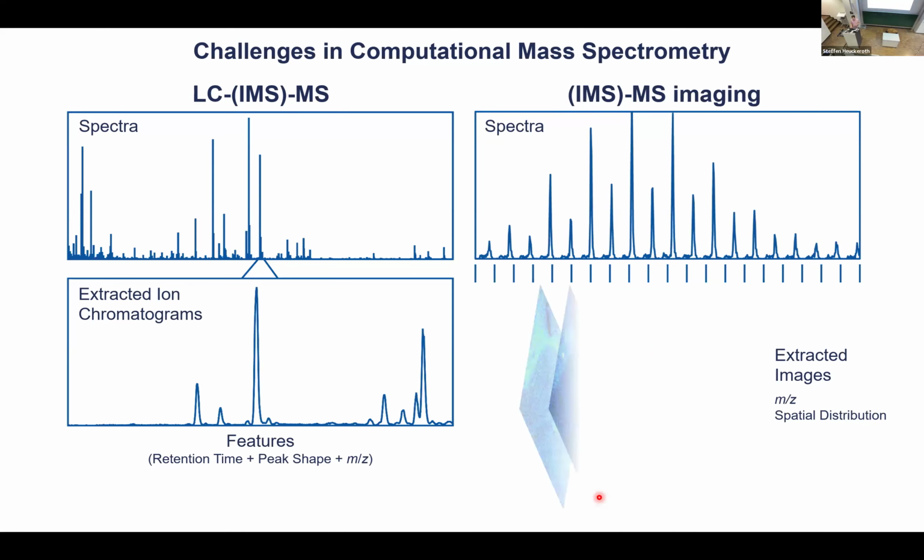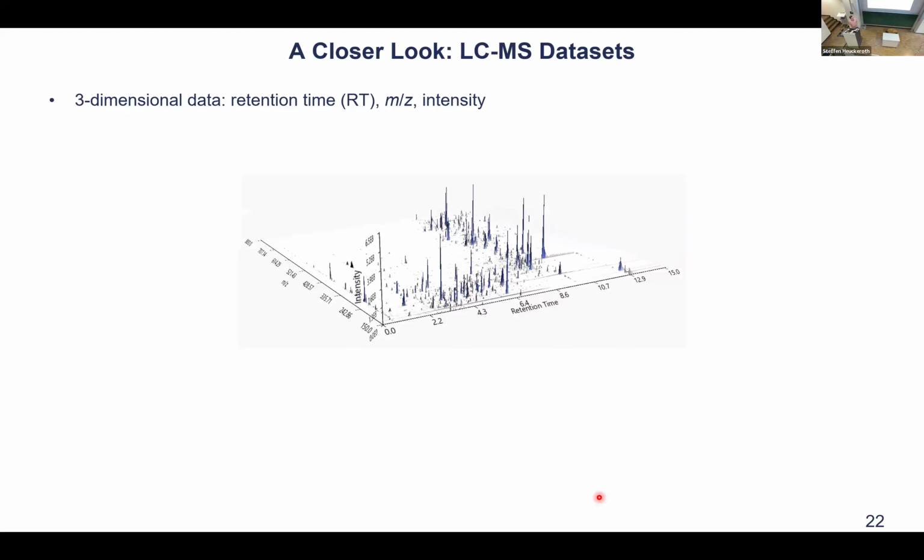Looking at the raw data is really important, because if you want to process the data, you need to know what the data actually looks like. Looking at a regular LC-MS data set, we basically have a three-dimensional data space: the retention time axis, the mass to charge ratio axis, and the intensity.